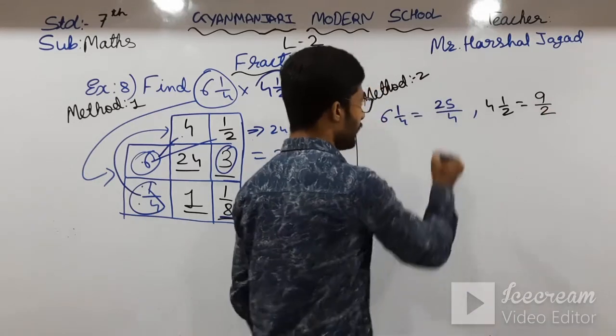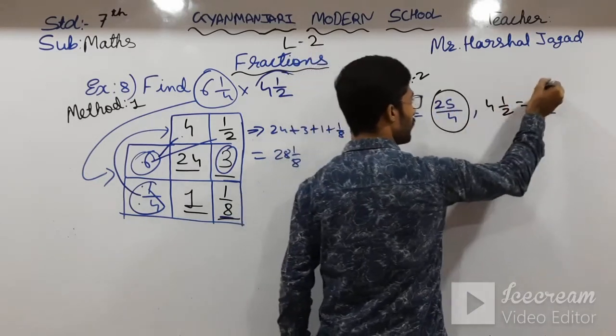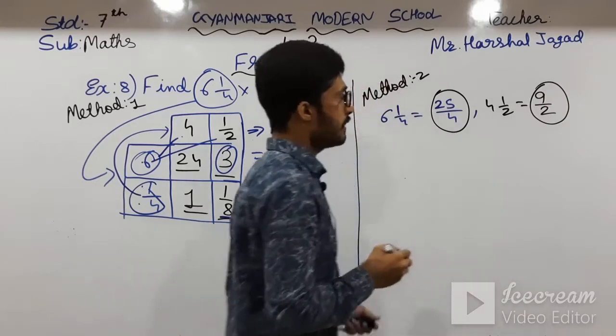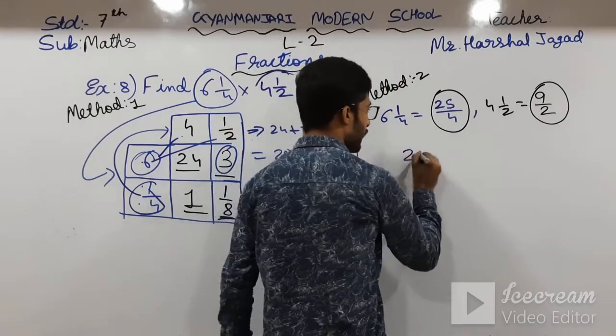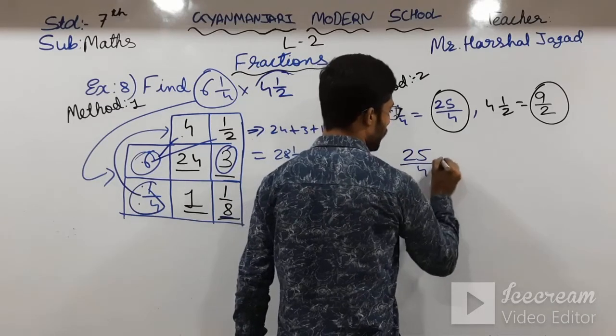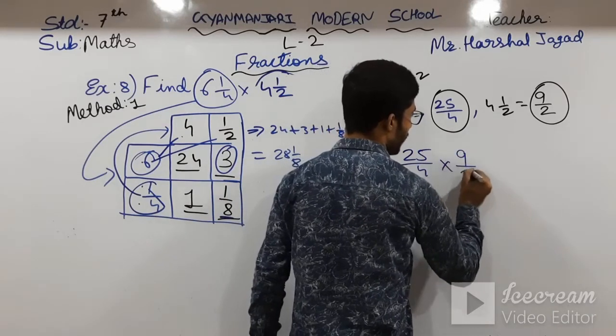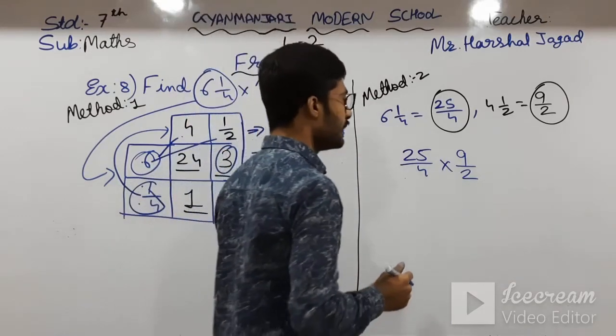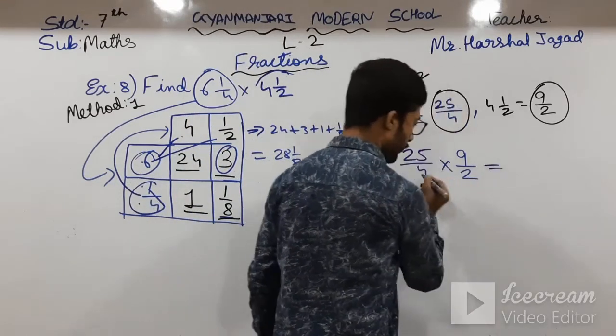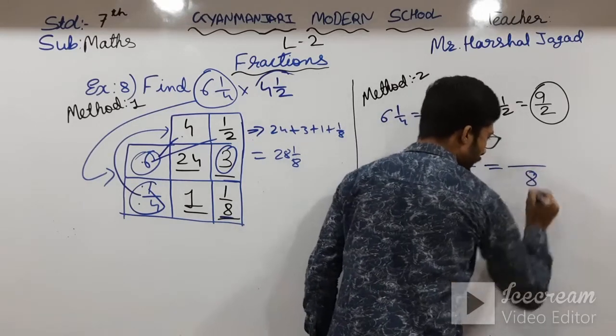So this we get. Now we have to multiply 25/4 into 9/2. What will be the answer?